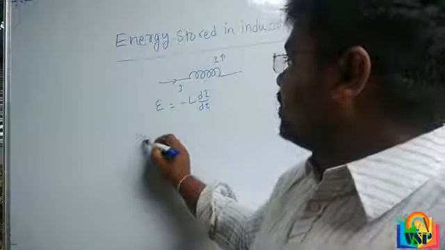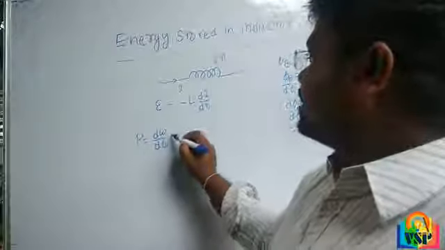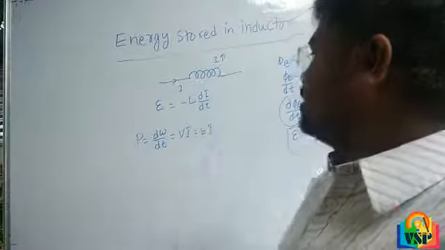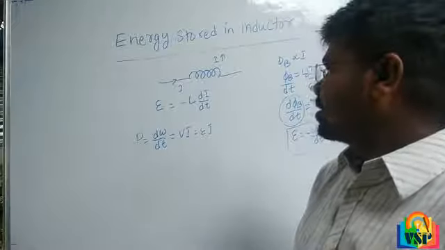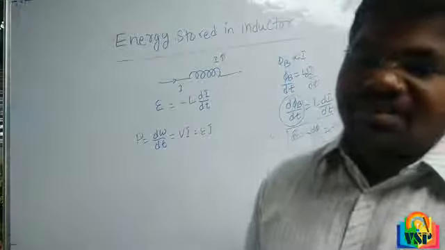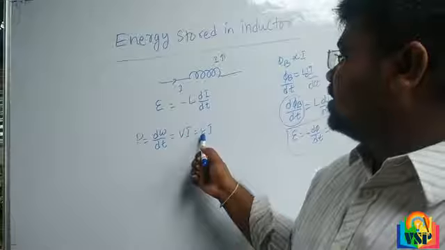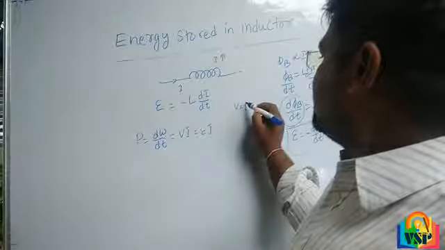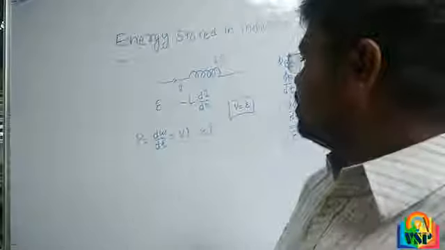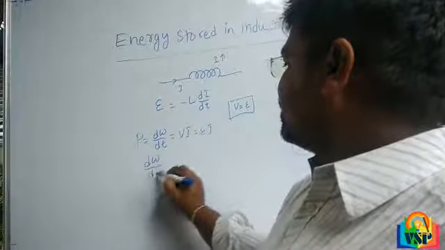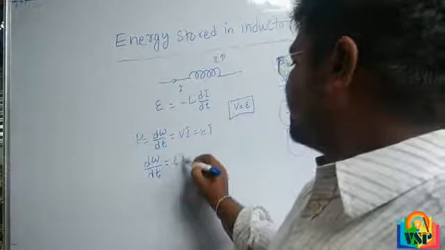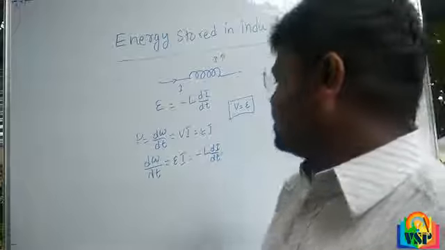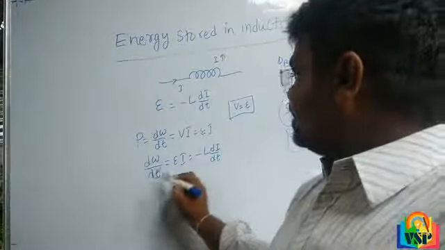Power is equal to dW by dt, that is equal to V into I. Here there is some similarity: V is equal to E. So we can get dW by dt is equal to E I, that is equal to minus L di by dt into I. Understand? dt gets cancelled.